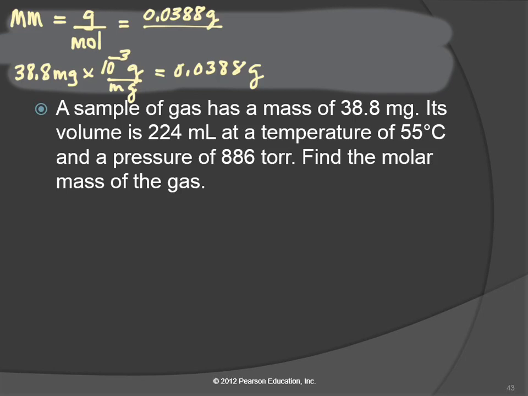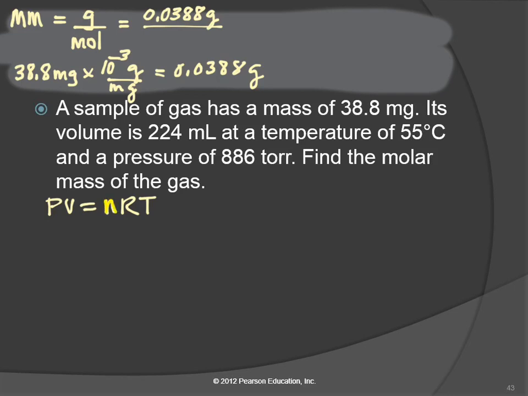Are they telling us what the moles are? They don't come out and tell us, but they give us pressure, volume, and temperature of a gas. PV equals nRT. We want to know what n is.